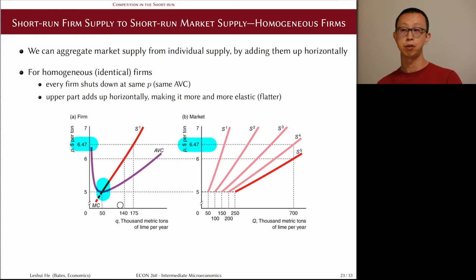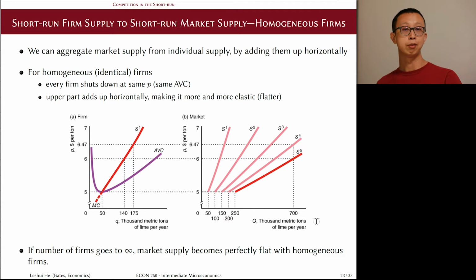So if there are two firms in the market, adding up their individual supply will give us a market supply over here, with 3 firms, 4 firms, 5 firms, and so on. You can see the market supply is going to be flatter and flatter. With infinitely many firms, the market supply becomes almost perfectly flat. Because they all have the same shutdown point, the market supply just turns to 0 once the price falls below $5 here.